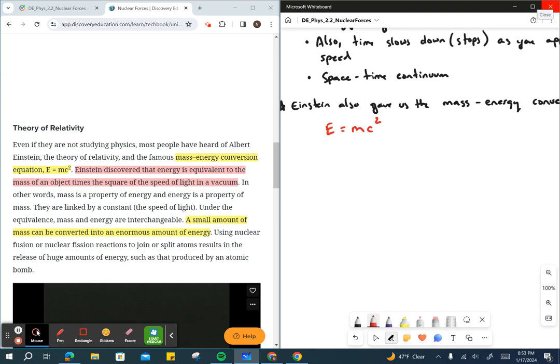Okay, so this was basically that the two ideas, energy and mass, are related. Okay, and we'll say this was energy, mass, and then C, light. Okay, C equals the speed of light.